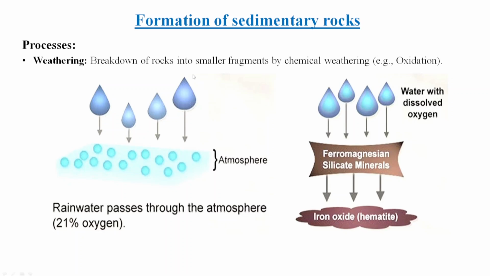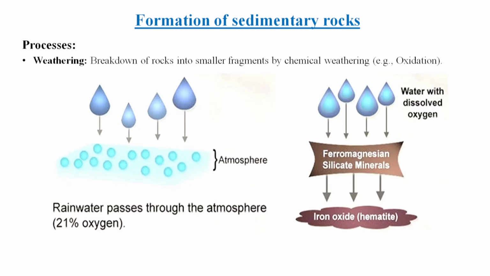Obviously the rainwater will pass through the atmosphere, so it will bear some dissolved oxygen, and it can react with the ferromagnesian silicate minerals already present in a particular igneous or metamorphic rock, which you can call the parent rock or the protolith of a future sedimentary rock that will be formed from the sediment derived from this igneous or metamorphic rock.